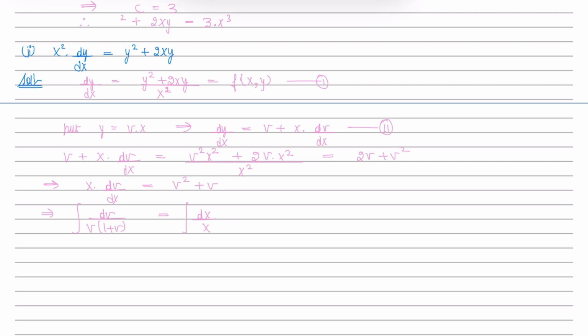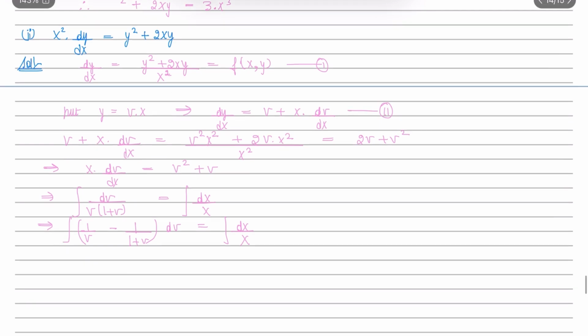Now on the left hand side we have to apply partial fractions first and then we have to integrate. Taking the partial fractions, we can directly write it as integration 1 by v minus 1 upon 1 plus v into dv is equal to integration dx by x.